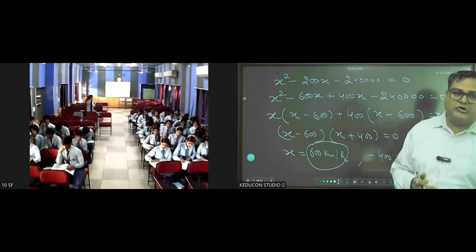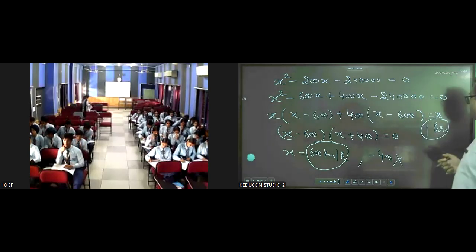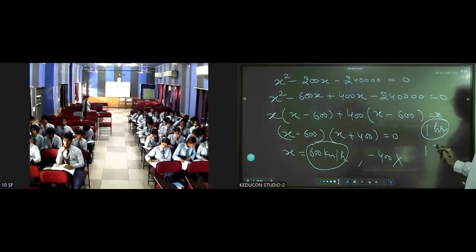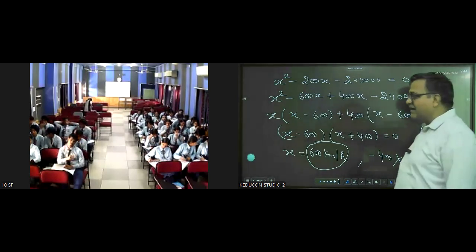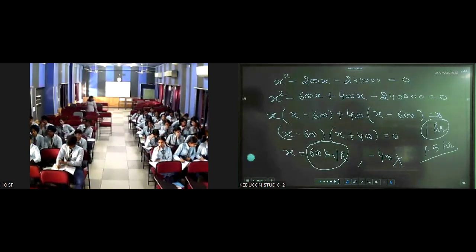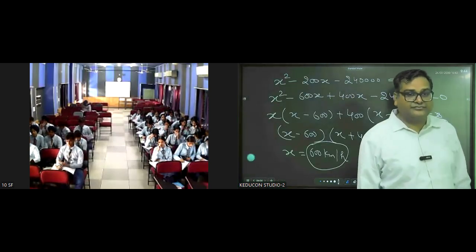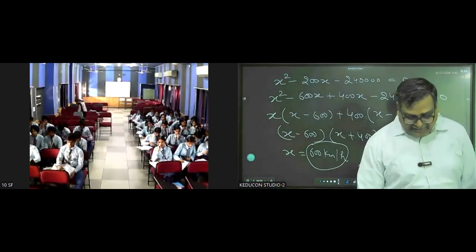Now 400 kilometer per hour. If you have to cover 600 kilometers, how much time will it take? 1.5 hour. So means journey is increased by 30 minutes. Understood or not बच्चों? Any doubt?